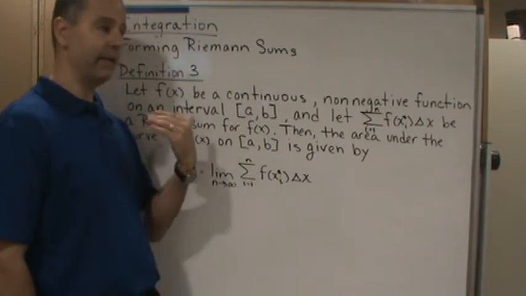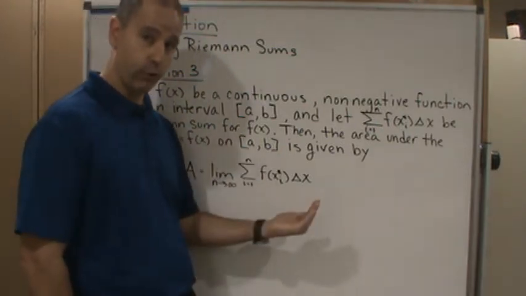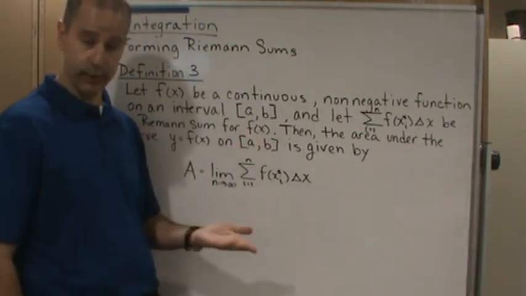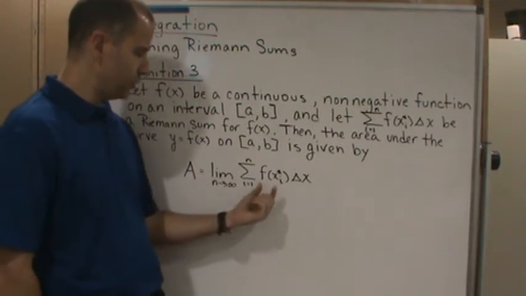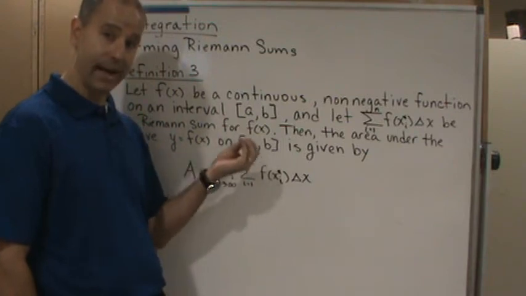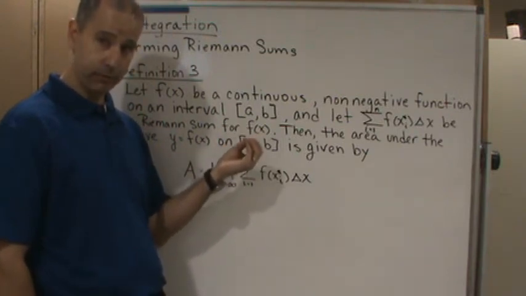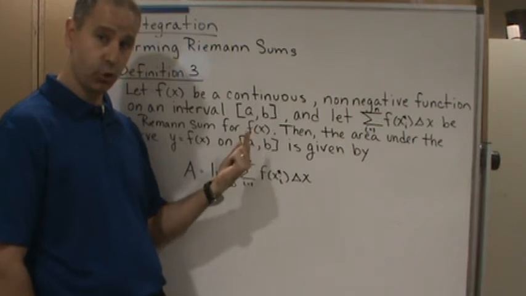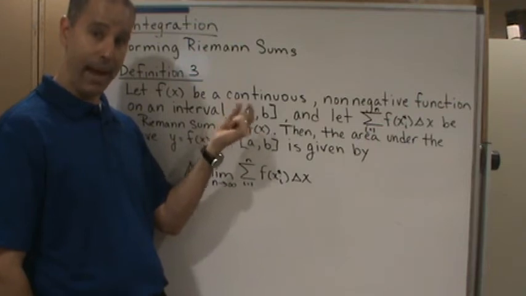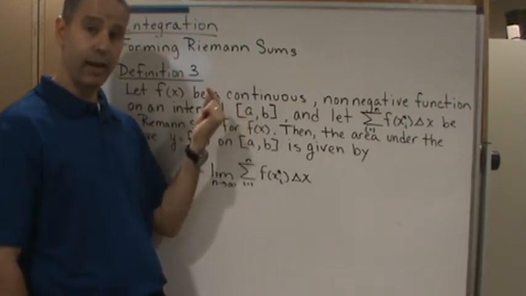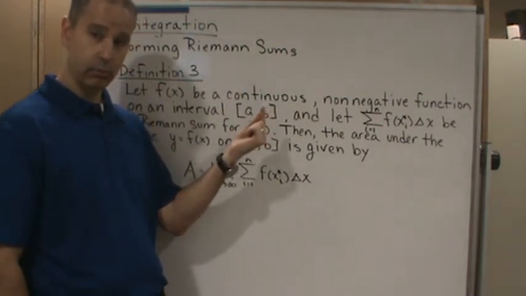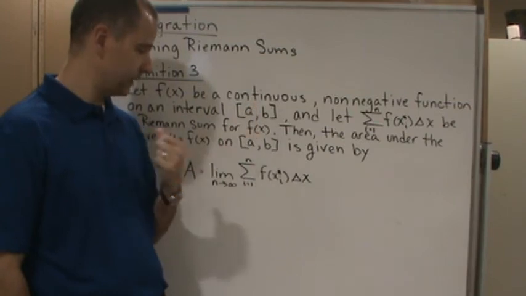But if somebody was interested in finding an overestimate or an underestimate for different applications, then within each subinterval you could choose your sample point to be the point that gives you the maximum value of f of x.